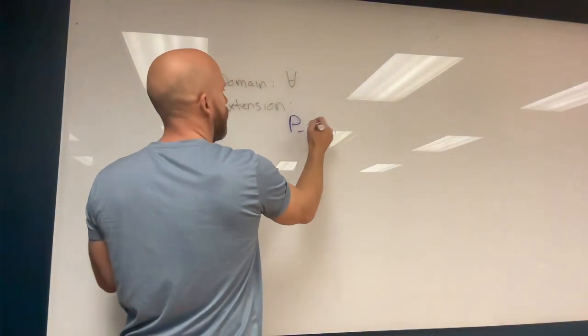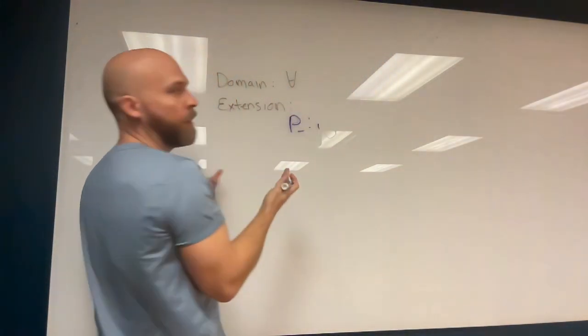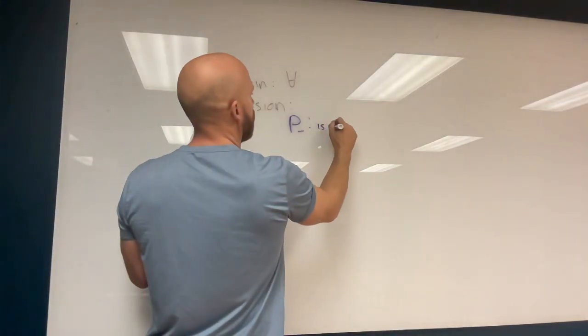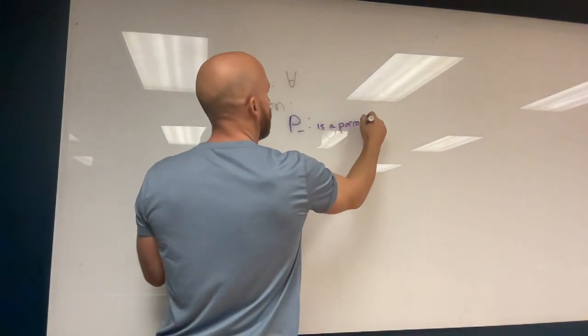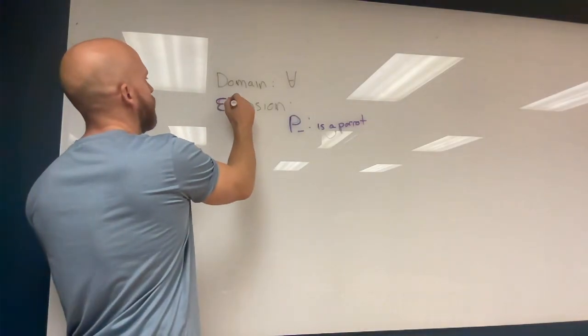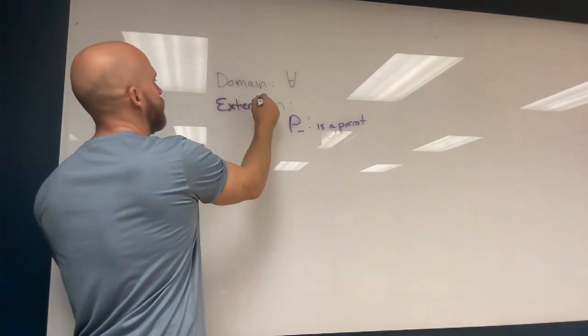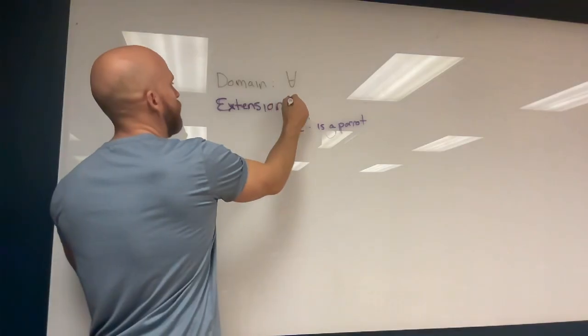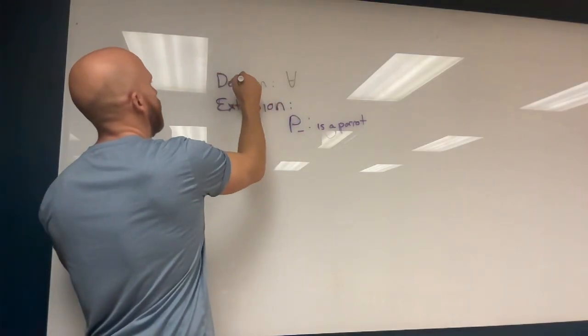P with an arity of 1 is a parrot. Extensions, and then domain.